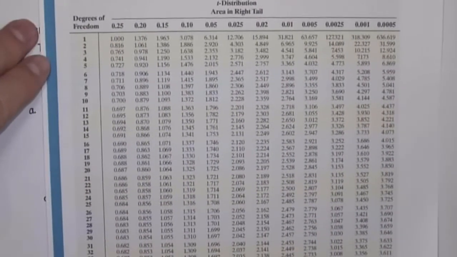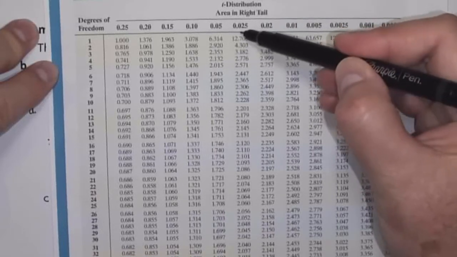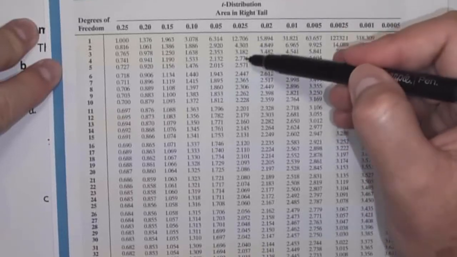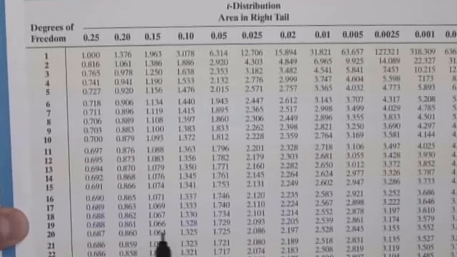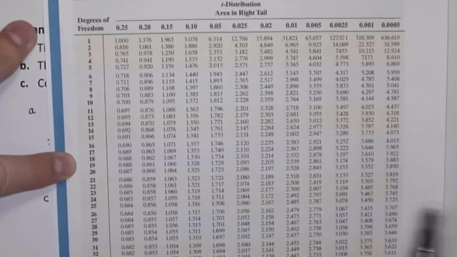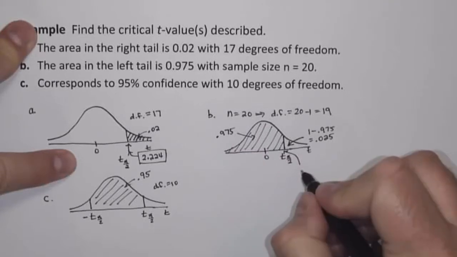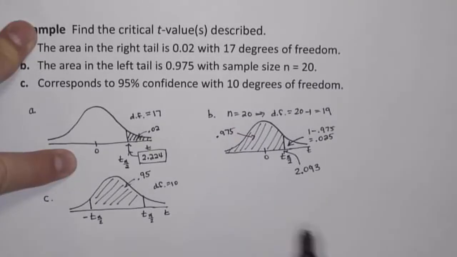So if I use our table from the appendix of the book, I'm going to use the column where the area in the right tail is 0.025, and I'm going to go down to where we have 19 degrees of freedom. So that is this row here. So 19 degrees of freedom over to 0.025 in the right tail, and so that value is 2.093. So this critical value right here is 2.093. So there's our critical value.